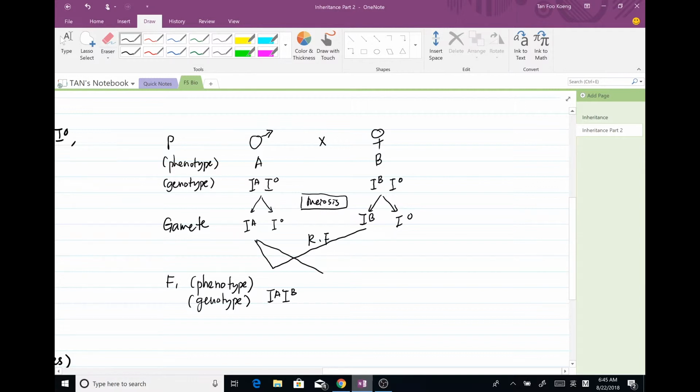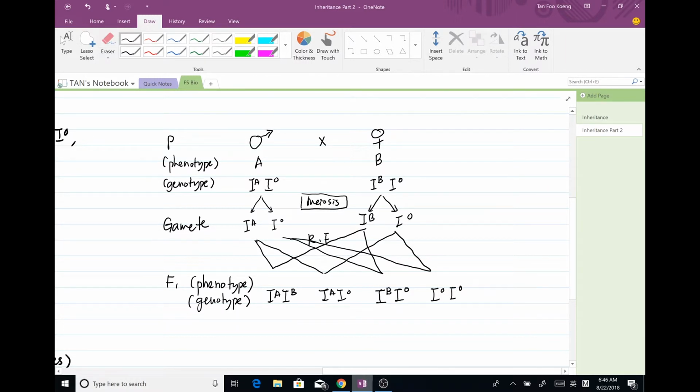IA can also fuse with IO to give rise to IA and IO. IO can also combine with IB to give you IBIO. Please write the dominant allele before the recessive allele.